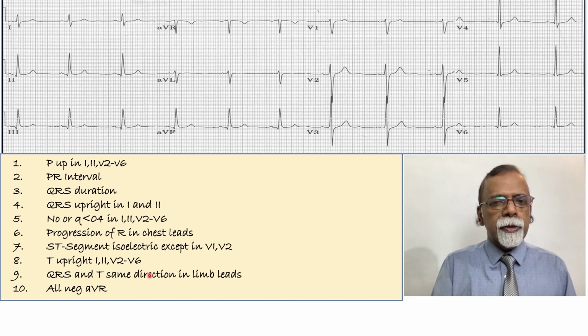Next time when you come across a patient's electrocardiogram, you systematically analyze and see whether the ECG is normal or abnormal.